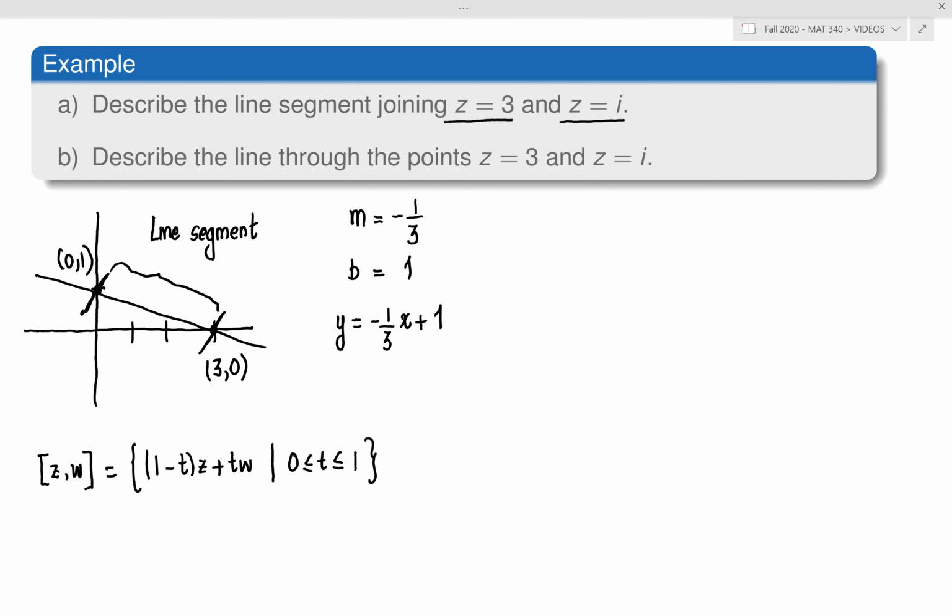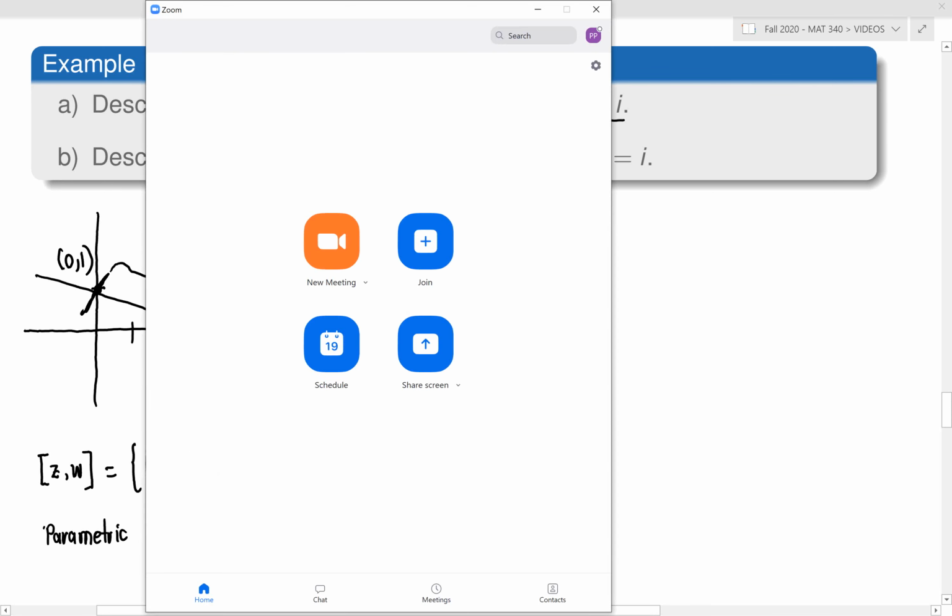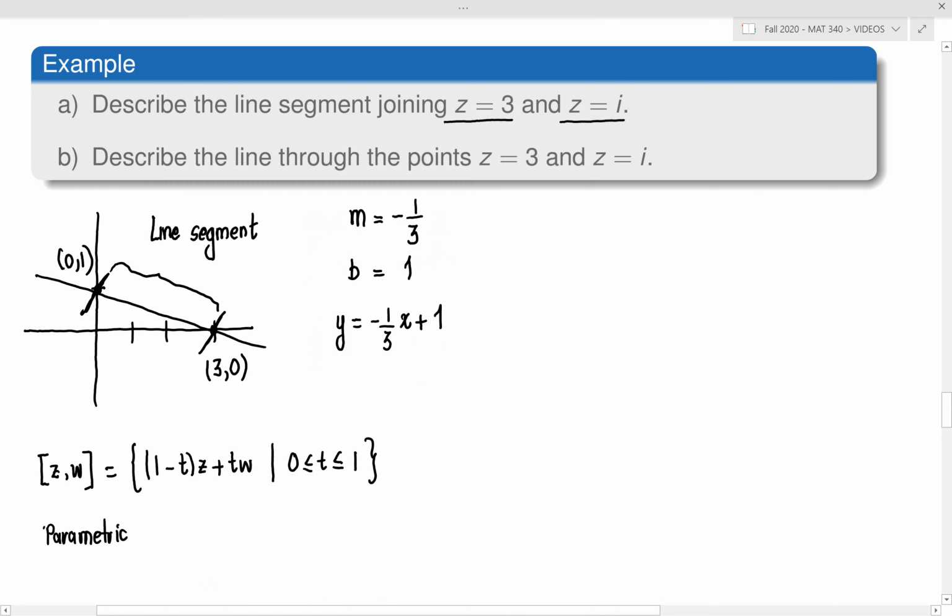You should be able to convince yourself that this is a line. This is a parametric representation of a line from Calc 2. Now, what are the starting points? When t is equal to 0, I get 1 minus 0 times z, which means I'm at z.